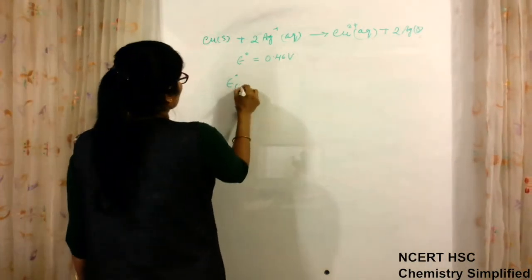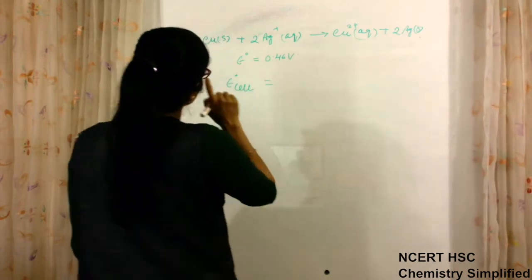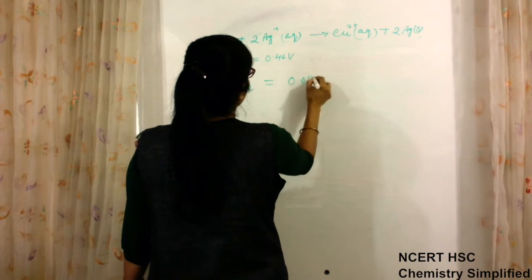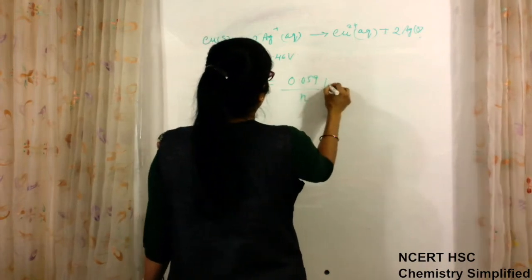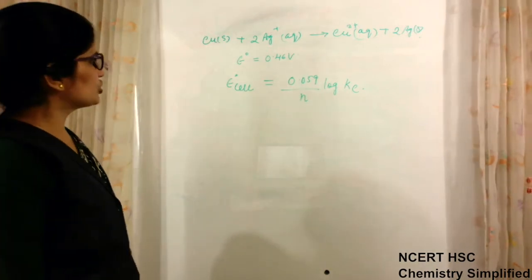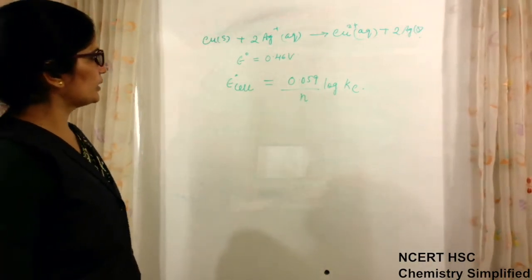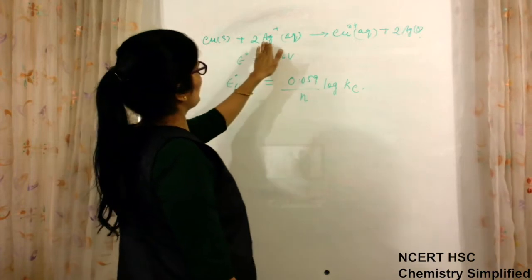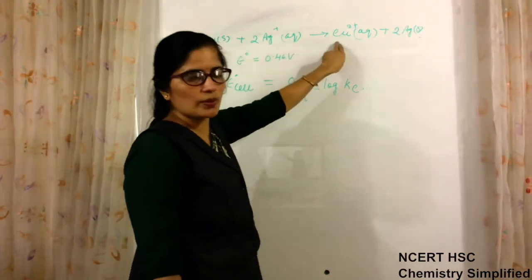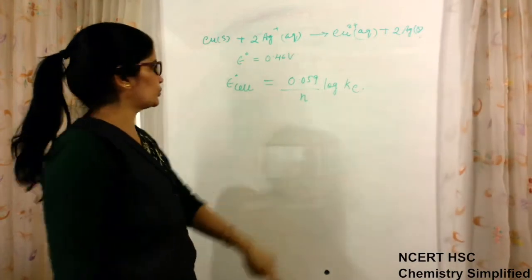E standard of the cell is equal to 0.059 upon n log of Kc. This was the formula which we had derived. Now n we know: 2 electrons transfer, since Cu becoming Cu2 positive gives 2.